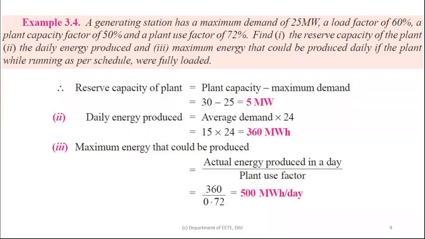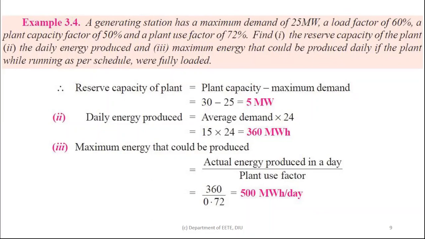The average demand, or average load, is produced for 1 hour. So if we multiply the average demand by 24, the hours in a day, we get the daily energy produced. 15 into 24 is 360 megawatt hour. In our example, only one factor is missing, that is the use factor, 72%.